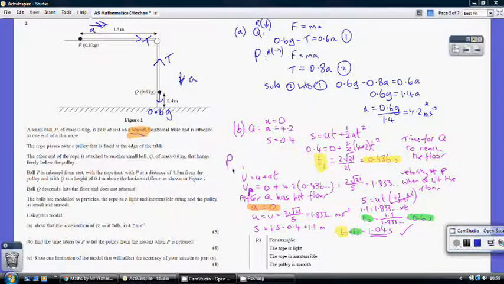Now, moving our focus on to P, we're going to need to know what speed it was travelling at when Q hit the floor, because that's going to be the initial speed of our second journey. So what do we know about P? We know that its initial speed was 0.